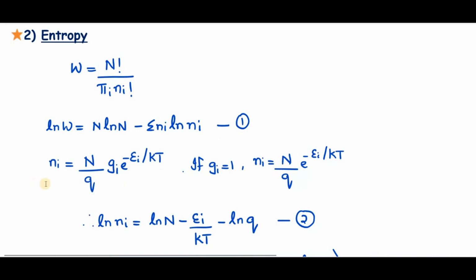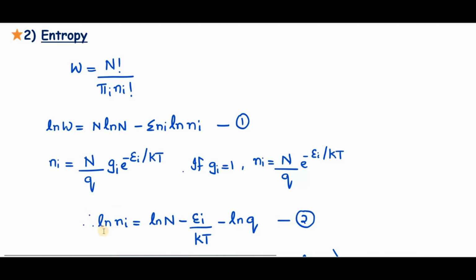Now according to the Boltzmann statistics, ni equals N by q gi e raised to minus epsilon i by kT, where q is the partition function and gi is the degeneracy of the ith energy level. And if gi equals 1, then we have ni equals N by q e raised to minus epsilon i by kT. Now apply log. So log ni equals log N minus epsilon i by kT minus log q. Let that be equation 2.